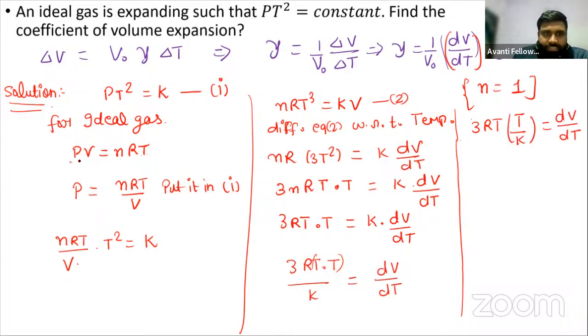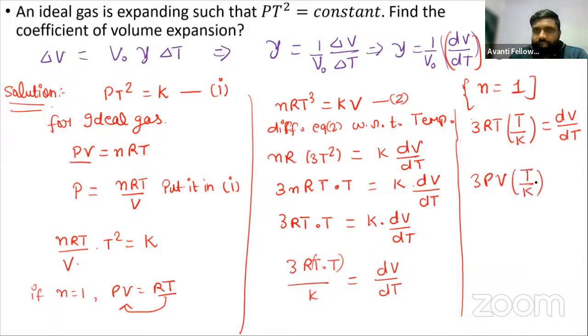Now from the ideal gas equation, PV equals nRT, and if n equals 1, then PV equals RT. So in place of RT we will write PV. So it will become 3PV into T upon K equals dV by dT. Now it will become 3PT upon K equals 1 upon V into dV by dT.